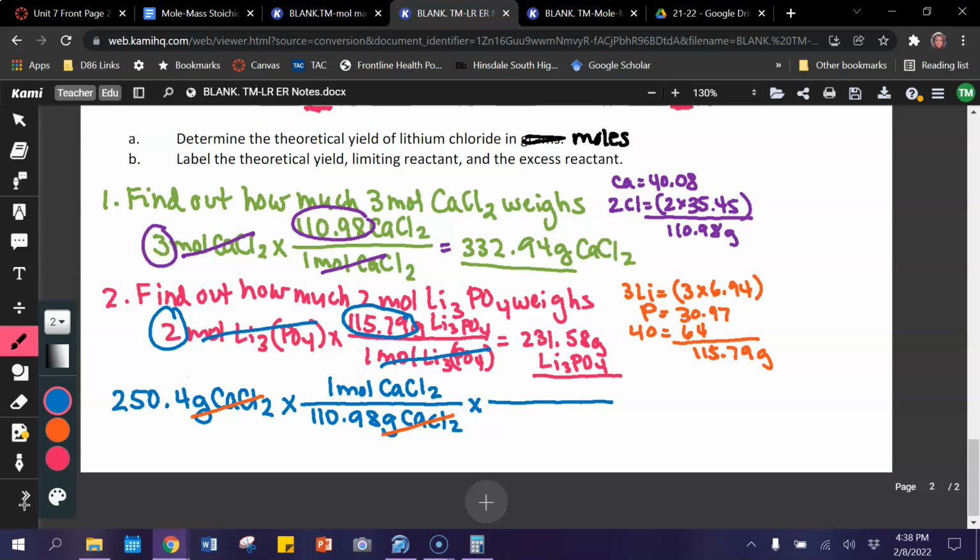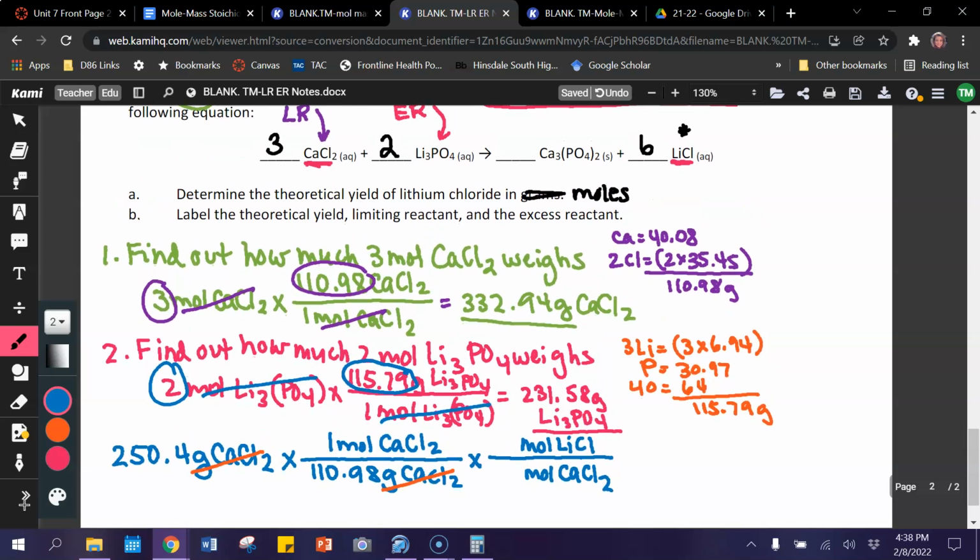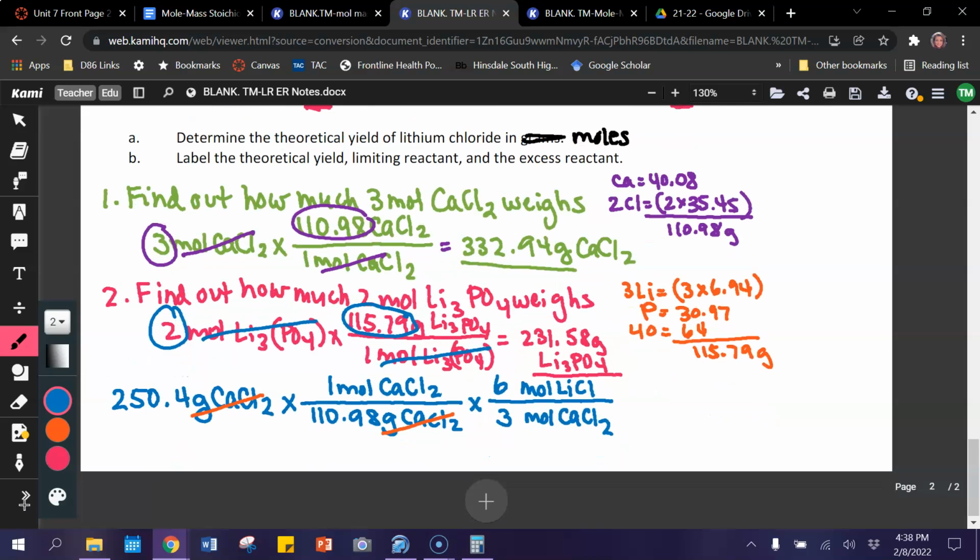So since I have moles of calcium chloride on top, I want moles of calcium chloride on the bottom, and I'm going to put moles of the compound that I'm looking for, which is lithium chloride, on the top. What numbers go here? Well, I have to look at the coefficients in my equation. The coefficient for calcium chloride is 3, and the coefficient for lithium chloride is 6.